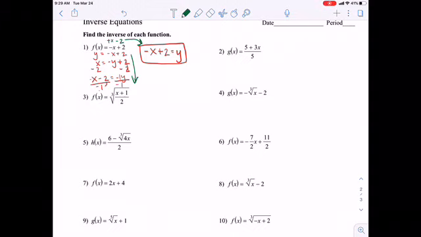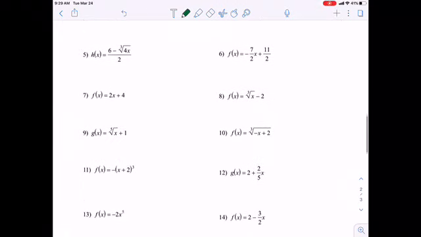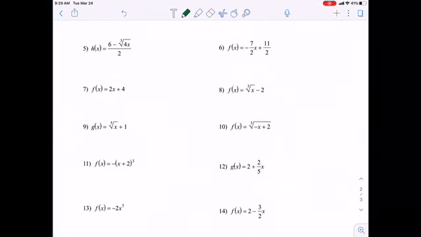Let's go ahead and try one more problem. Let's do maybe number 5. So here on problem 5, I notice I have this third root right here that I'm going to need to deal with. But before I can do anything with him, I need to get him alone. So to start out, I'm going to switch the x and y.